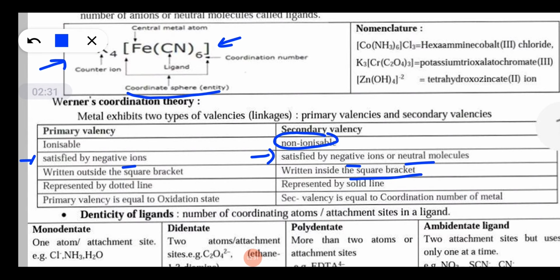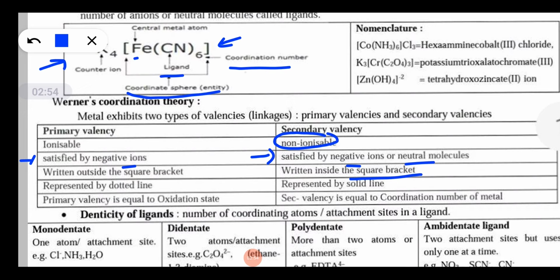Here cyanide is called the ligand and 6 is the coordination number. Suppose you are asked what is a ligand, then you should say that a ligand is the species which forms a coordination bond with the central metal ion. And what is coordination number? The coordination number is equal to the number of ligands present in the coordination compound.